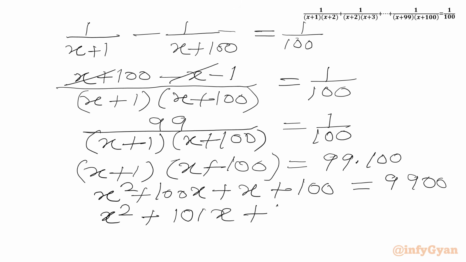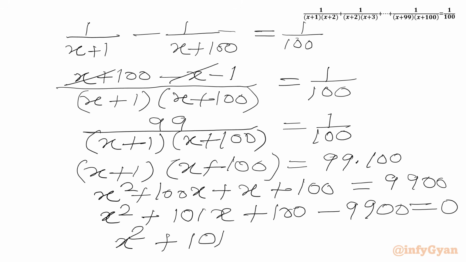Then we will write 100. And if we will take RHS 9900 in LHS, then it will become minus of 9900 equal to 0. So from here, we'll get one quadratic equation x square plus 101x plus 100 minus 9900, which is minus 9800, equal to 0.